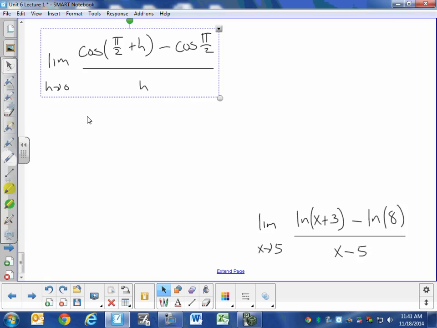It doesn't have to deal with logs or e's, but it's the type of question that you will see. Because I don't want to try to figure this out algebraically. I'm sure you can.